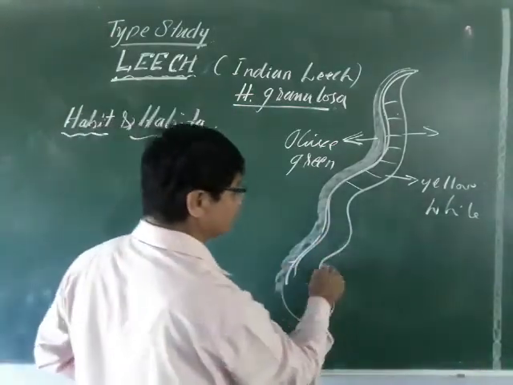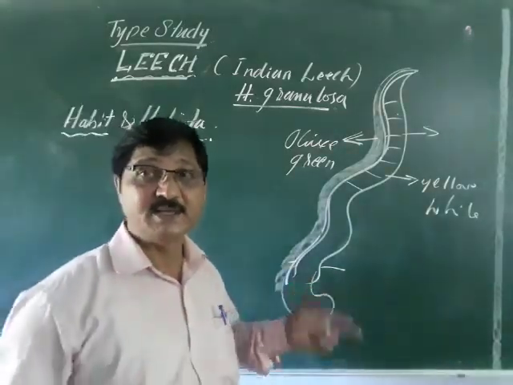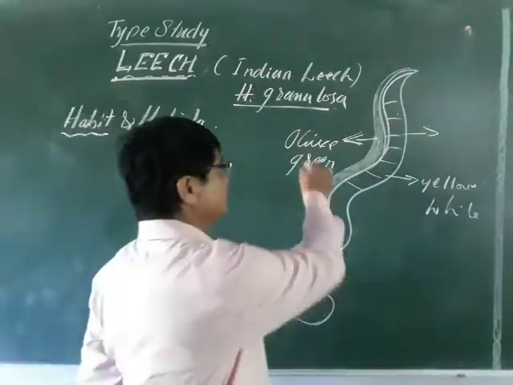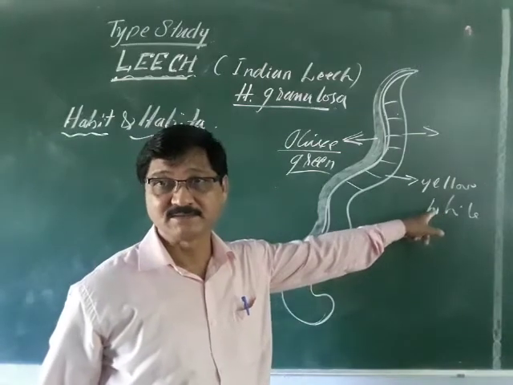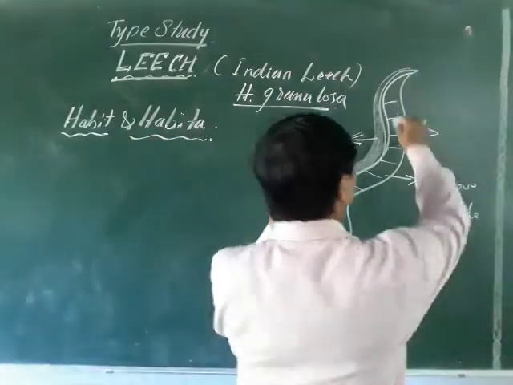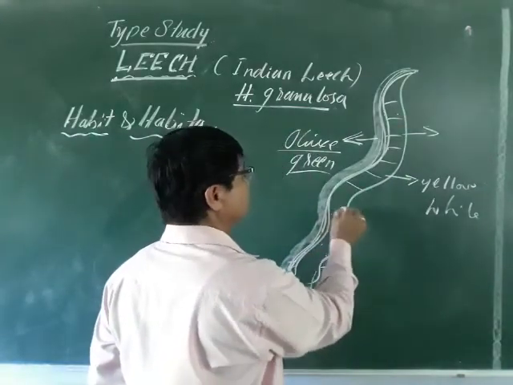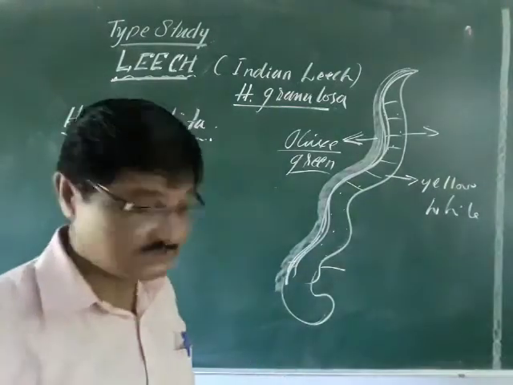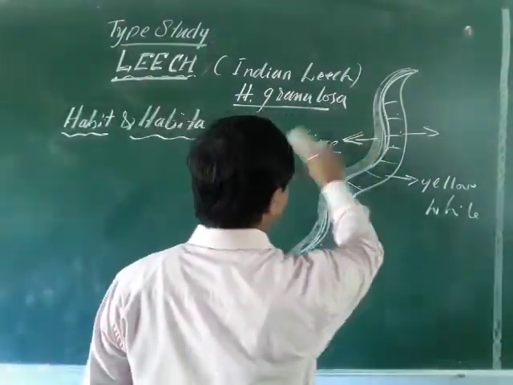Bilateral means two lateral sides, and it is a flattened, ribbon-like structure. Dorsal side is the olive green color, and the ventral side is yellow or white, and on the lateral side there are black strips, and some other strips of a pale yellow color towards the ventral side. So this indicates the body structure.